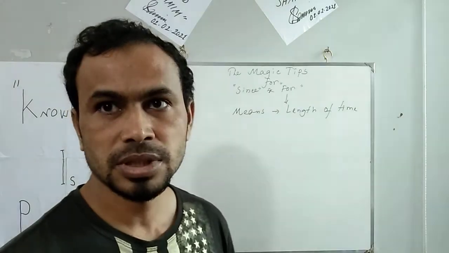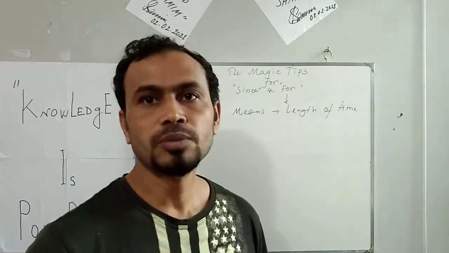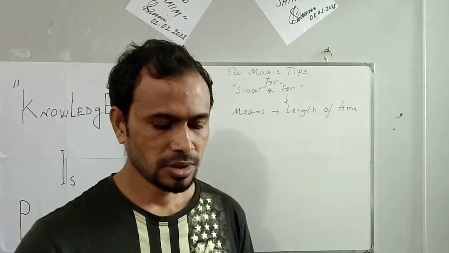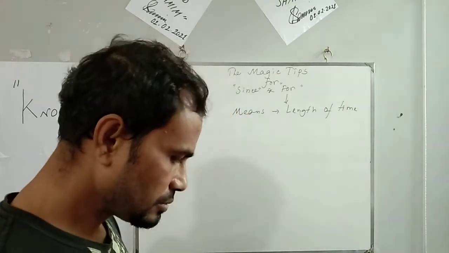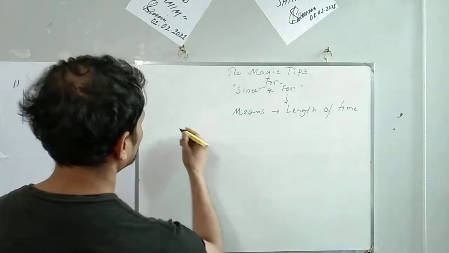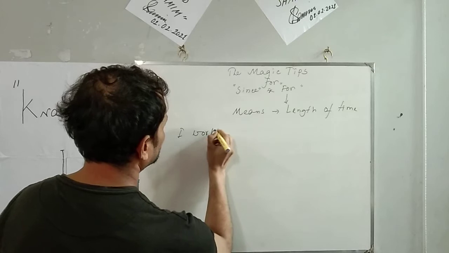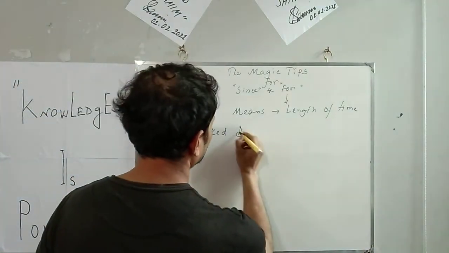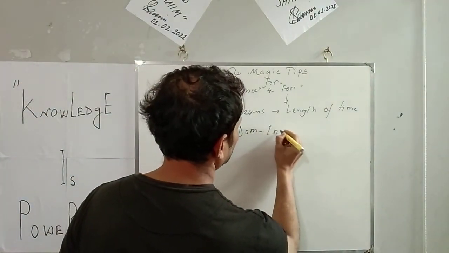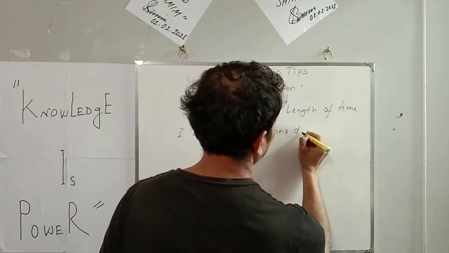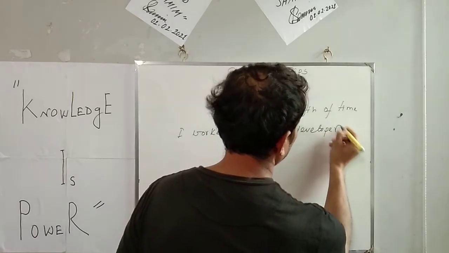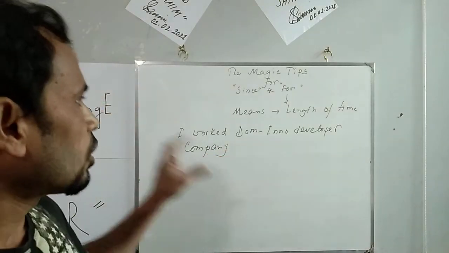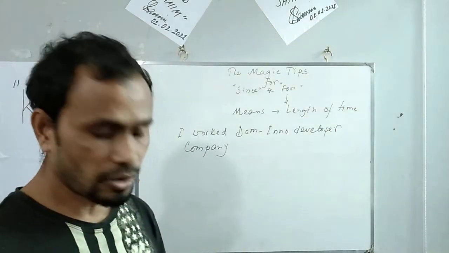Next sentence: I worked at Domino Developer Company for 3 years. Okay, for 3 years. I worked at Domino Developer Company for 3 years.